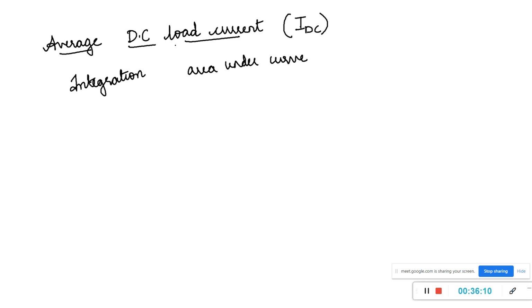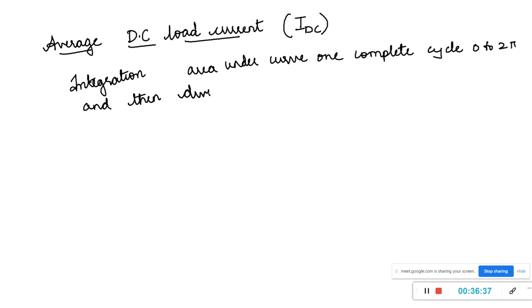In order to find the average load current, we have to determine the area under the curve for one complete cycle, that is from 0 to 2 pi, and then divide it by 2 pi.